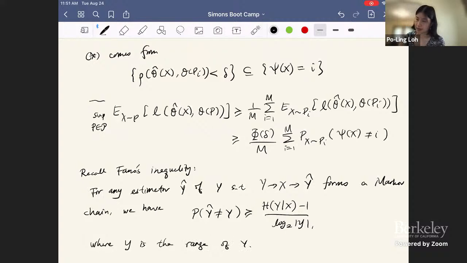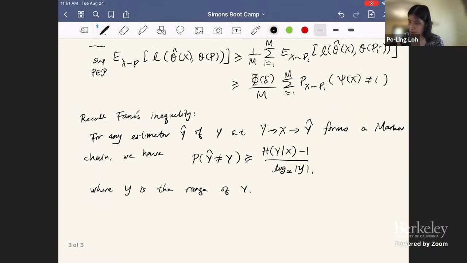Okay, so this is like the probability of error, if you will, of any estimator. So here you can think about trying to estimate what y is, you get an output y hat, and this lower bounds the probability of error of any estimator. Okay, so we're going to apply this Fano's inequality to get a handle on these guys.